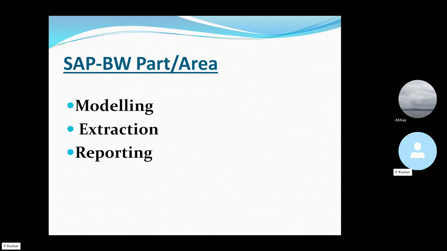These are the major parts of your BW. We will discuss them one by one. There is some course content on modeling, extraction and reporting, which you have already seen, and we can see here what I will discuss in the sessions.